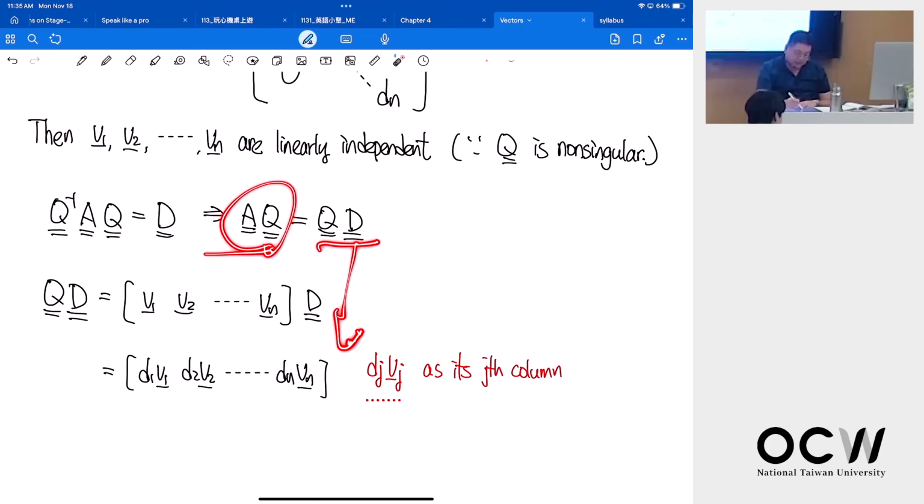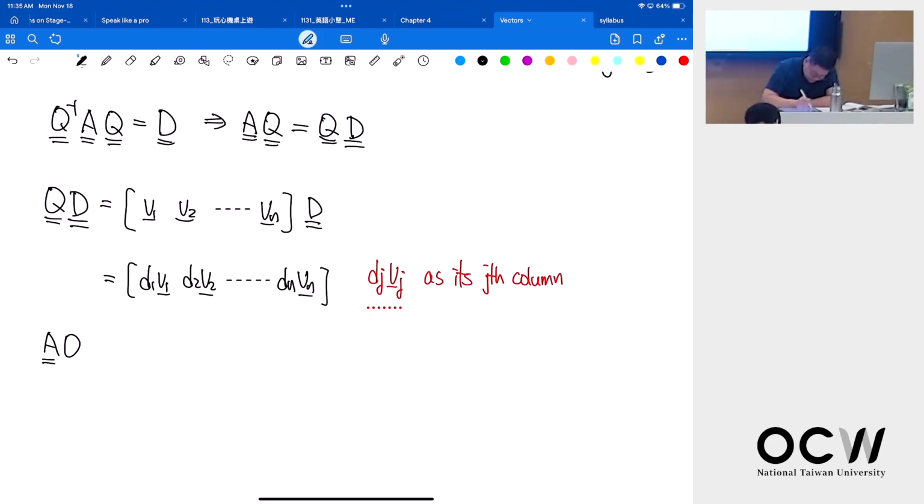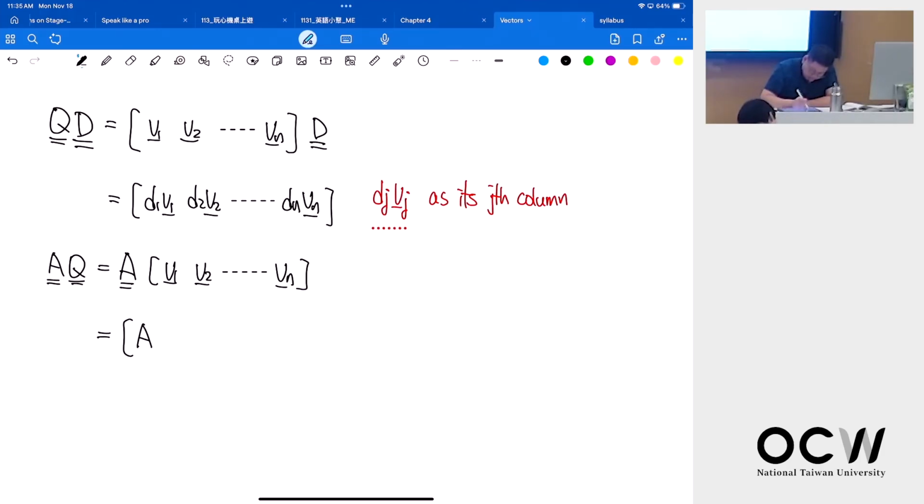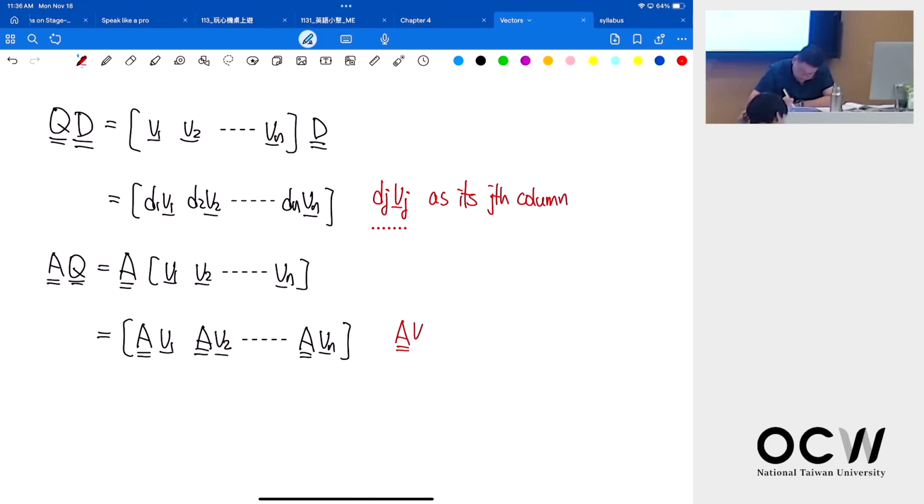Now let's investigate the left-hand side. What is AQ? For AQ, you'll get A V1, A V2, till A Vn, and A times Vj is in the jth column.